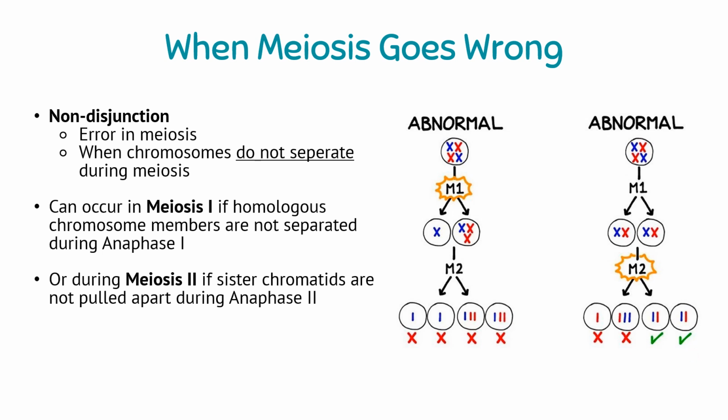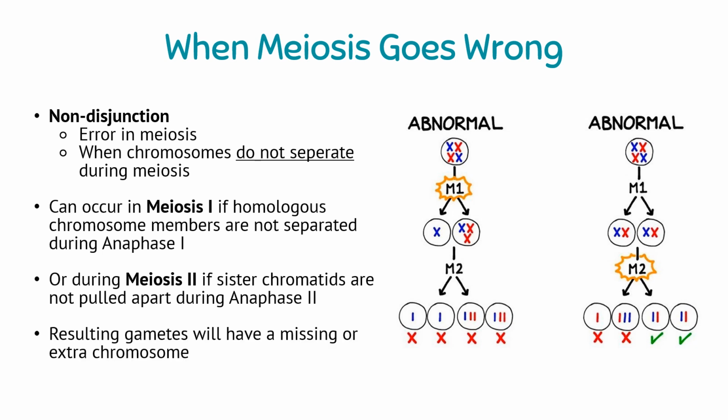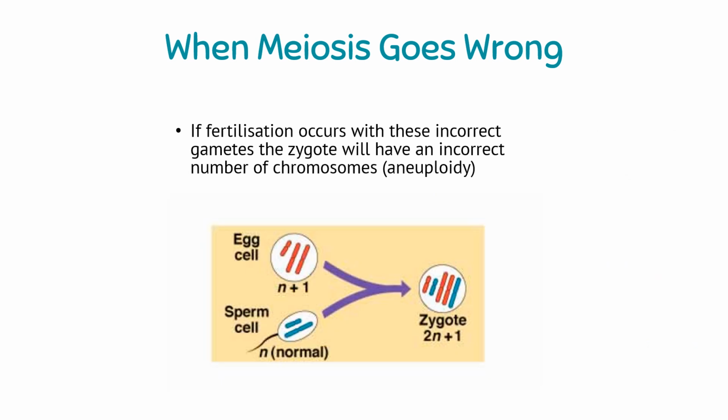So this can really have a big effect on offspring in that we're producing gametes with missing or extra chromosomes. If fertilization occurs with these incorrect gametes, then the zygote will have an incorrect number of chromosomes, which is called aneuploidy, which we've looked at. And so this is how aneuploidy occurs. Whether we have monosomy or trisomy, it is the non-disjunction in meiosis that causes this.